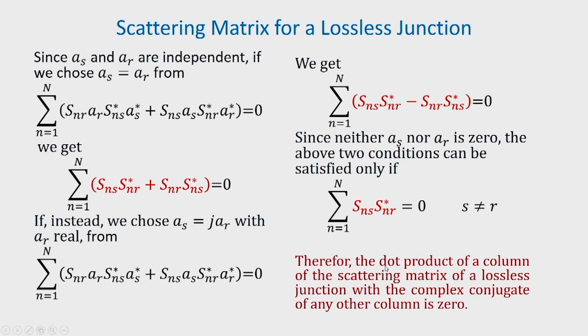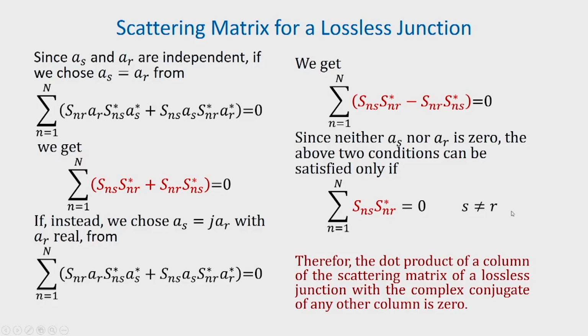Therefore, we find that the dot product of a column of the scattering matrix of a lossless junction with the complex conjugate of any other column is 0. So, the only condition we require is that S is not equal to R, that means the two columns are to be different.